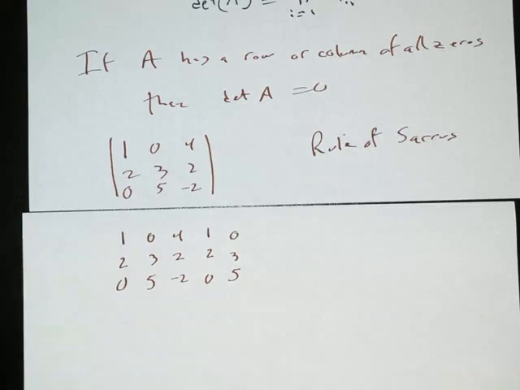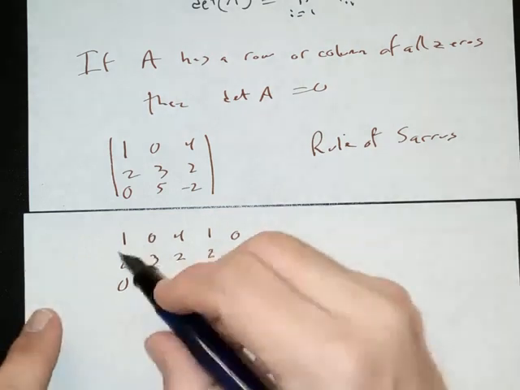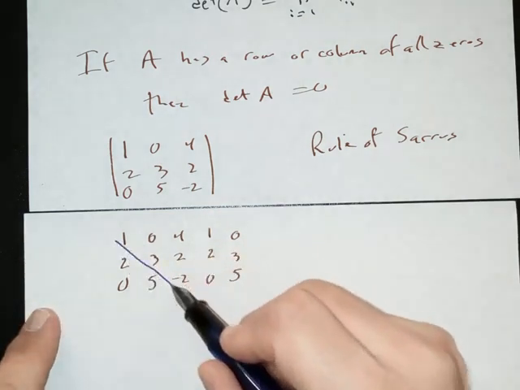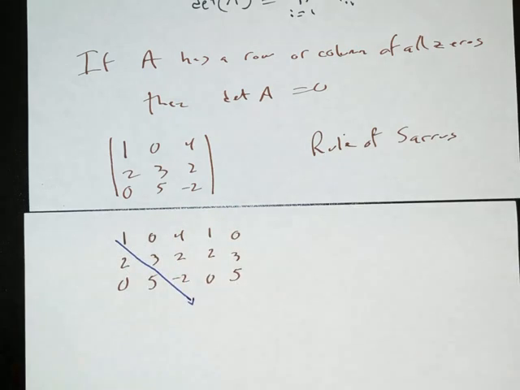And Sarrus said, hey, wait a minute. If I think about going down, like we did with AD, I see here A11, A22, A33 in that line.